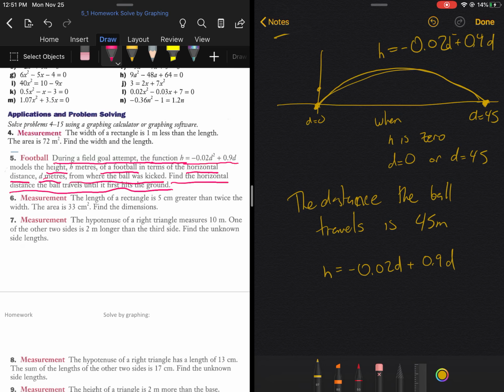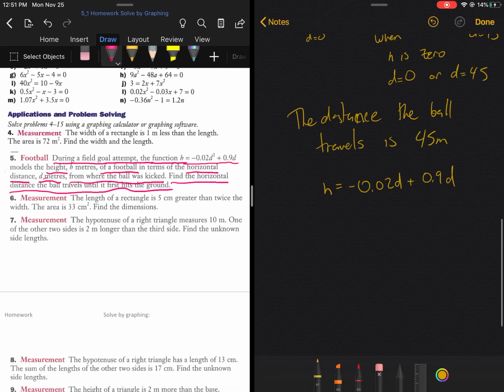Now, if you're curious, how would I solve that if I actually knew how to do it by hand? Because I'm going to get numbers that I can work with. Actually, it's not going to be that easy, but let's go ahead and see. If h equals 0, then 0 equals negative 0.02d squared plus 0.9d. Let's multiply both sides by 100.